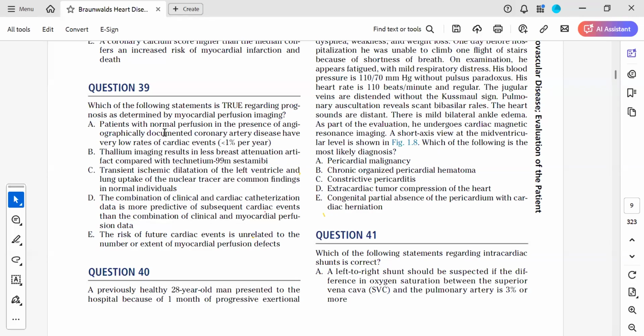Okay, question 41. Which of the following statements regarding intracardiac shunt is correct? A. A left to right shunt should be suspected if the difference in oxygen saturation between the superior vena cava and the pulmonary artery is 3% or more.